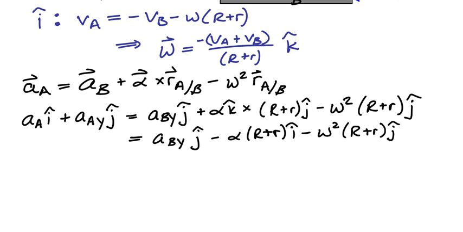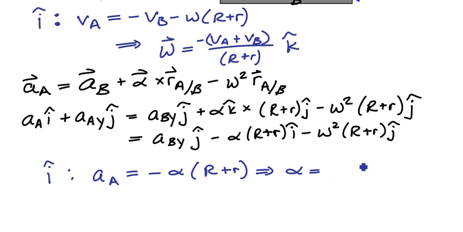Well, we'll note that the alpha term here appears in the I direction, and only the I direction, so if I pull out just the I direction here, I'll get the very tidy result that the acceleration at A, the new scalar value we were given, is equal to minus alpha times quantity R plus r, which of course tells me that the angular acceleration alpha is given by minus AA divided by quantity R plus r, and if I want to make this in vector form, I'll append the k.